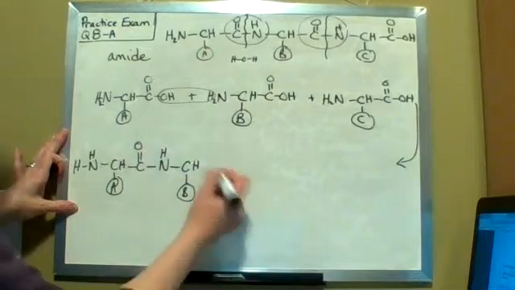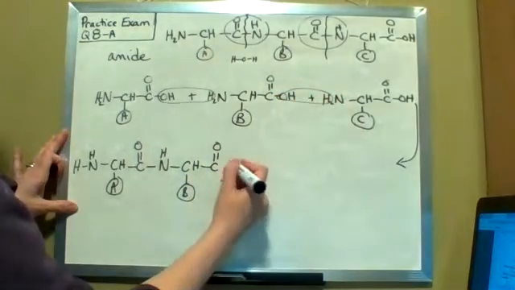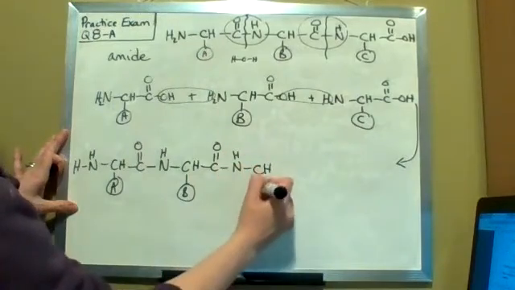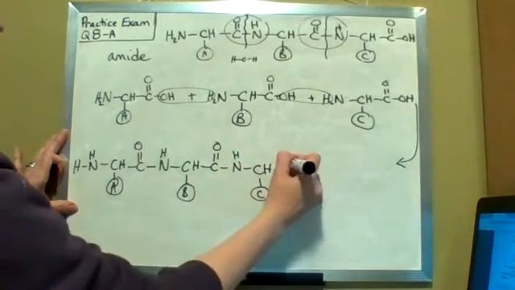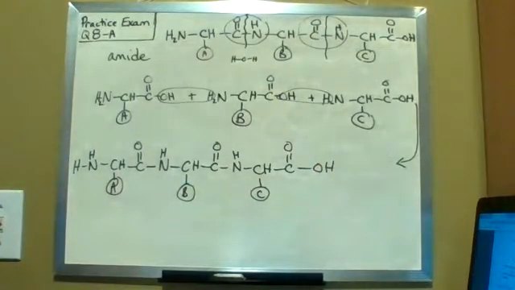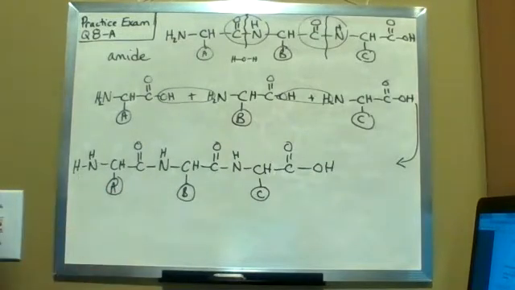Then B, C double bond O. Again, you're kicking out a water, and H. So I've written it out, just adding those 3 monomers together, and a few things have happened. First of all, you've kicked out 2 waters in this case.